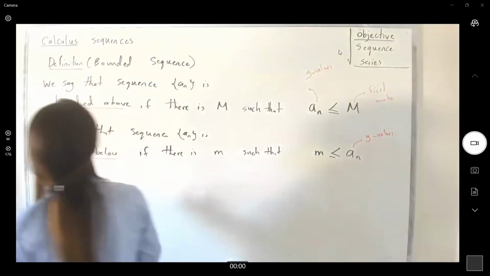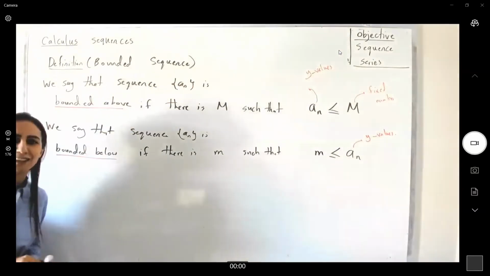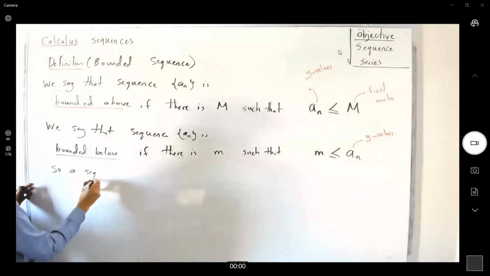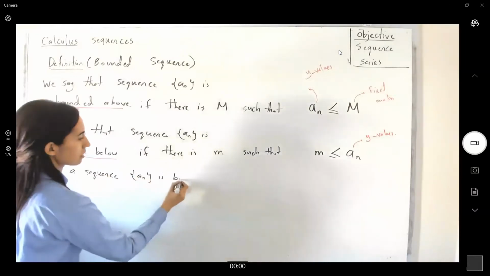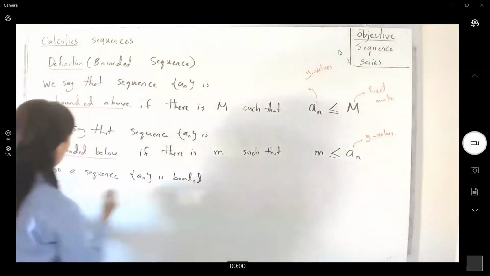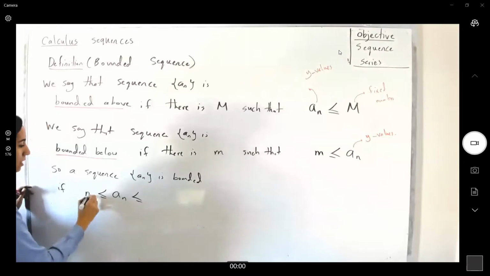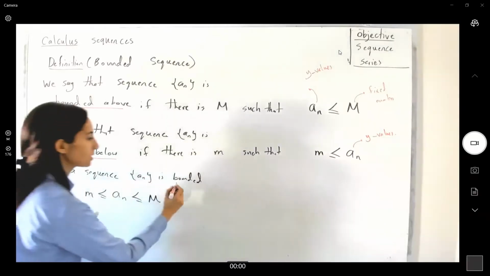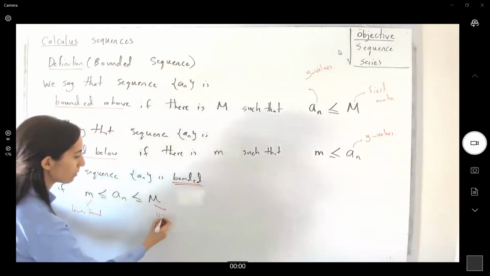And in general, we say that a sequence is bounded if it has an upper bound and a lower bound. So a sequence like a sub n is bounded if a sub n can be sandwiched between m and n. It has both bounds, the lower bound and the upper bound.